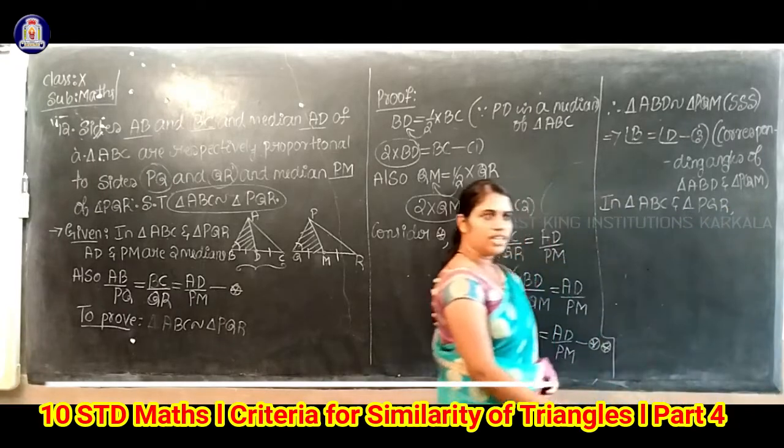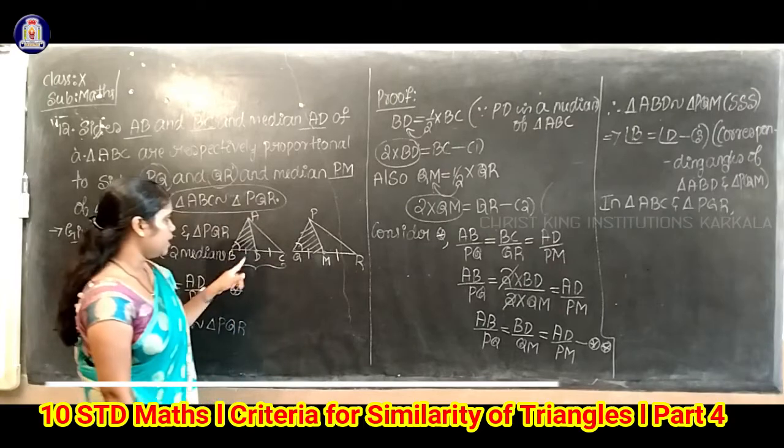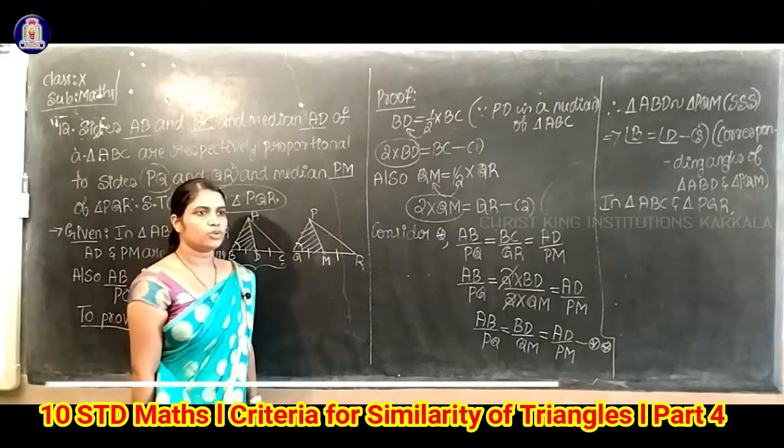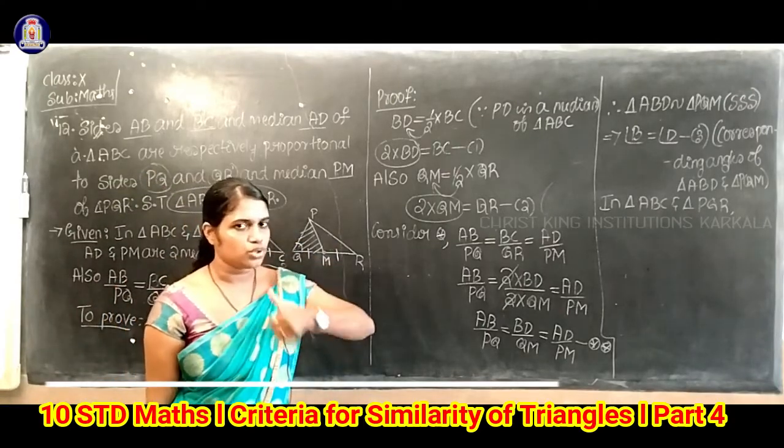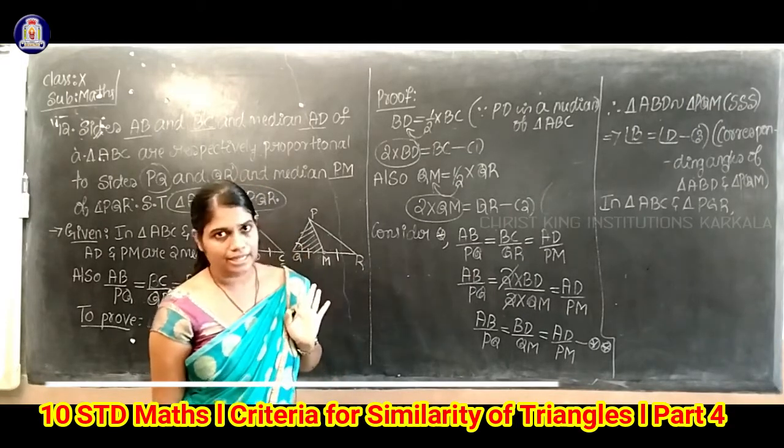To prove these two triangles, the full triangle ABC and full triangle PQR, are similar, we need to use either SSS or SAS or AA similarity criteria, isn't it?